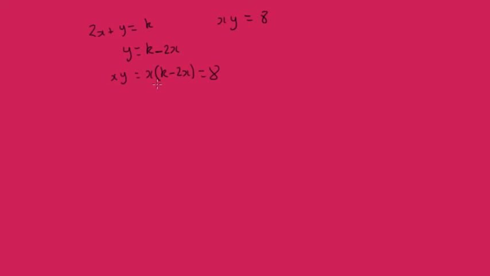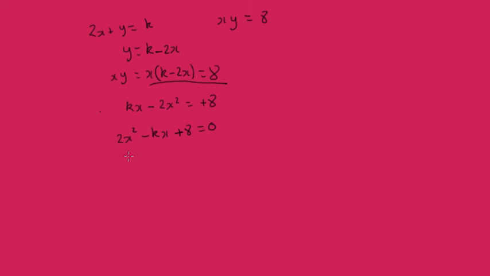So we're going to multiply out our bracket. So we'll have kx minus 2x squared equals 8, sorry, and rearranging this, we'll have 2x squared minus kx plus 8 equals 0.